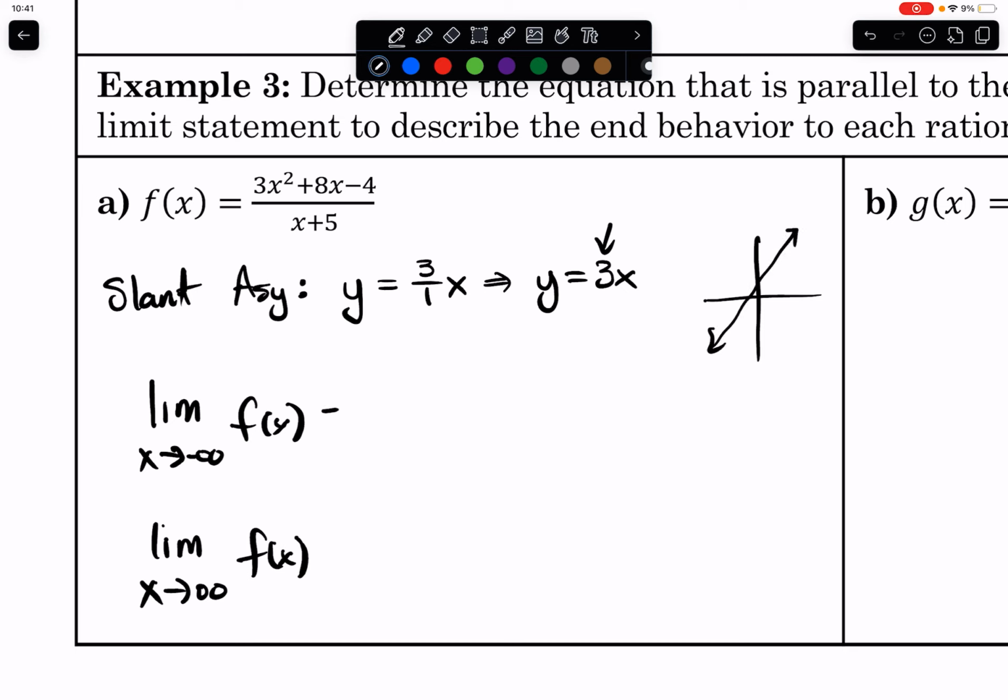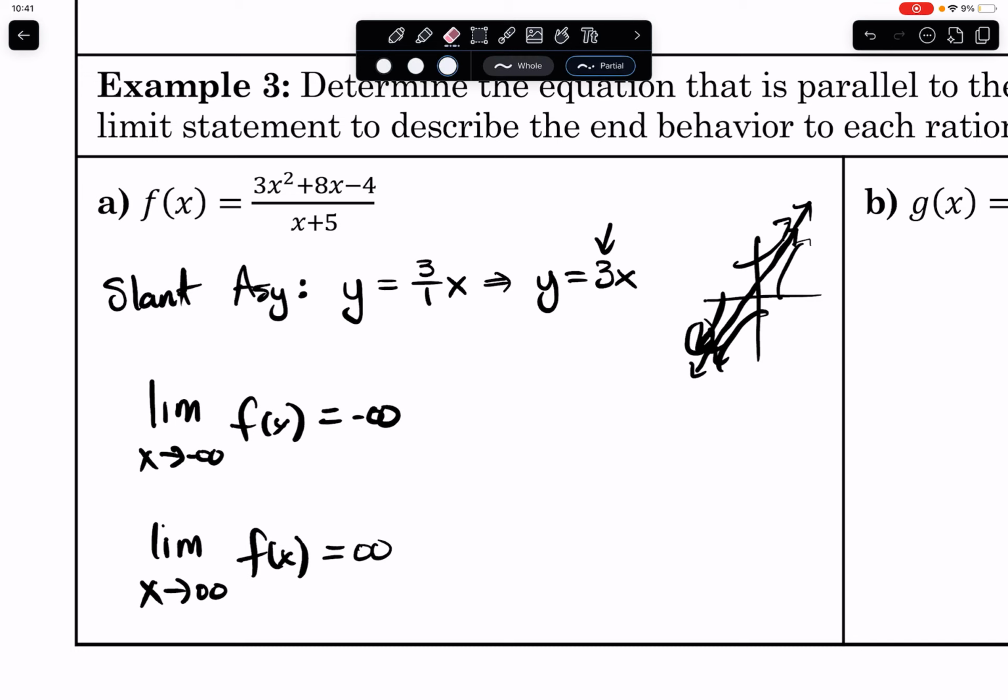So the left end of the graph is pointing towards negative infinity, and the right end of the graph is going to point to positive infinity. Whether it's from below and this one is above, or they're both from above, or they're both from below, the ends of the graph of this rational function are going to be getting closer and closer to this line right there.